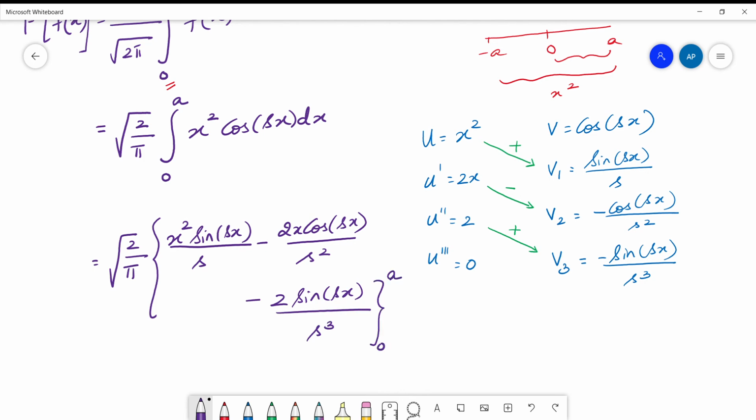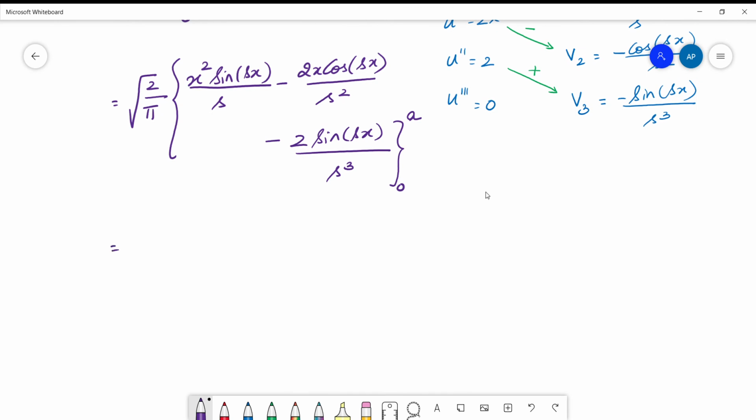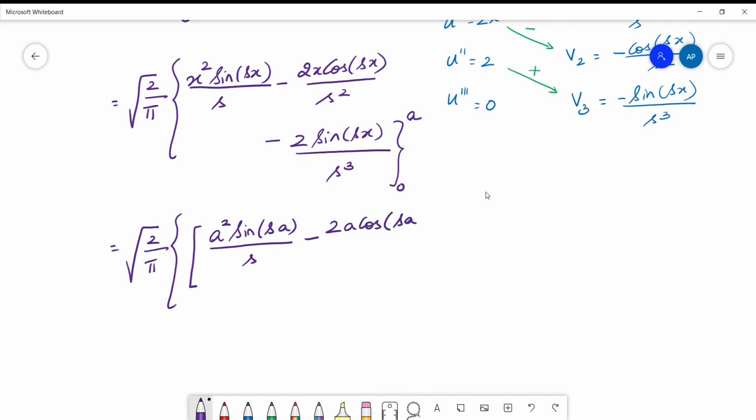So now we need to substitute the limits step by step. I substitute x as a in the beginning. So this becomes the upper limit. Let us substitute. So let me put a square bracket for the upper limit. It becomes a square. I am replacing x by a: sine of sa divided by s, minus 2a cos of sa divided by s square, and the next becomes minus 2 sine of sa divided by s cube.